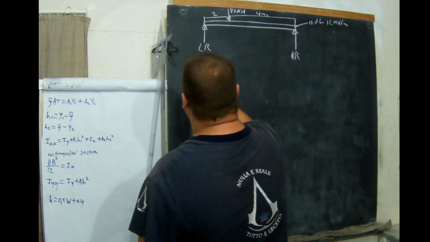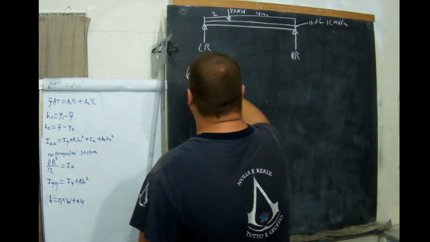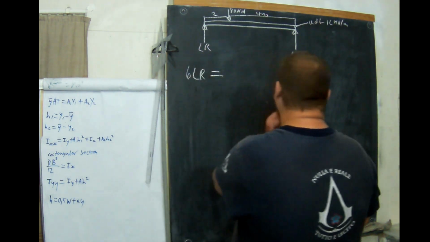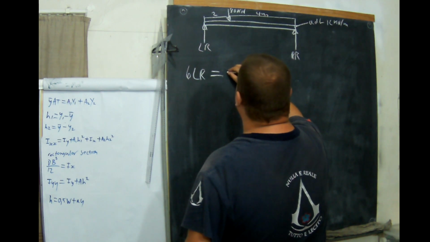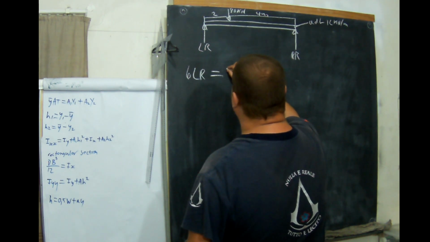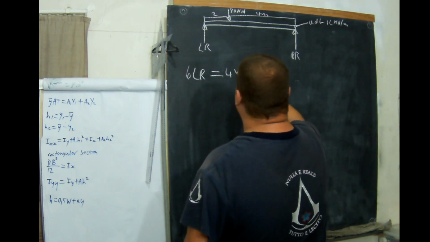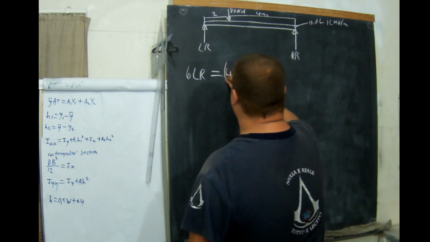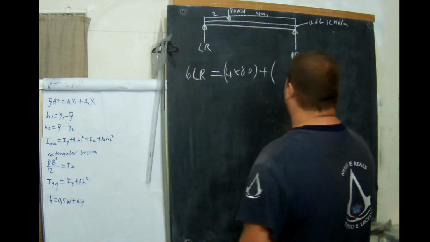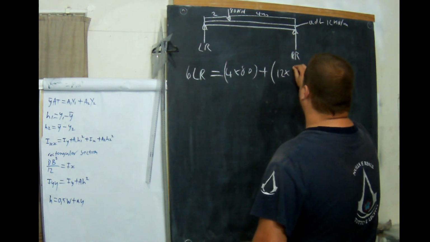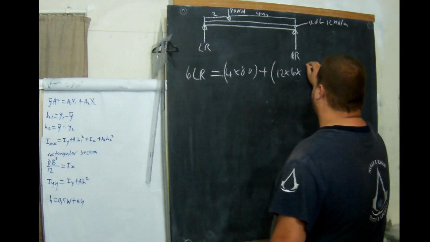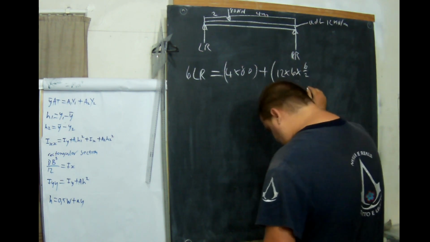So, 6 LR is equal to, now this is going in the opposite direction, 4 times 80 plus 12 times 6 times 6 over 2.